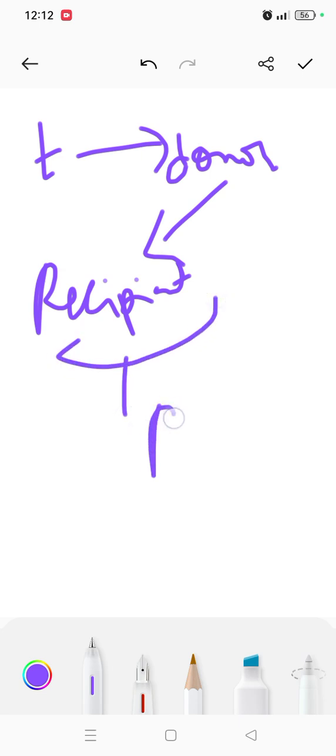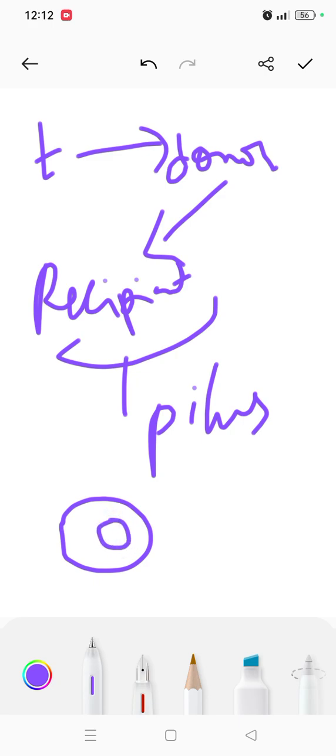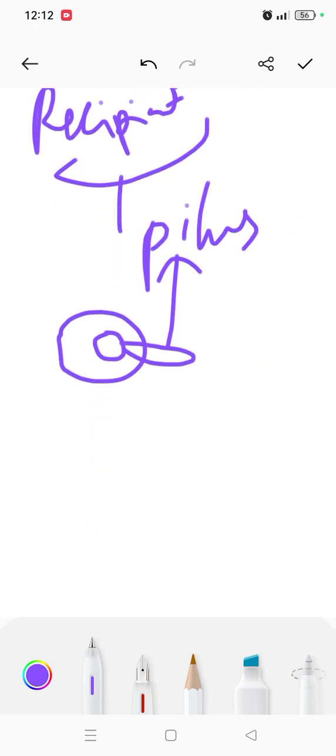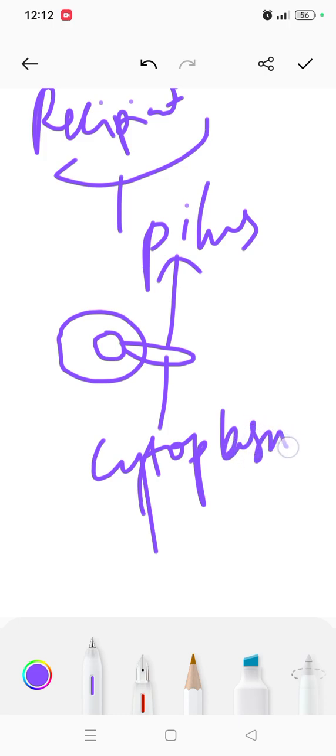It will travel through the pilus. If this is the plasmid, the plasmid will transfer through this structure, which is called the pilus. The pilus is also called a cytoplasmic bridge, because it is in the cytoplasm and connects one structure to another.